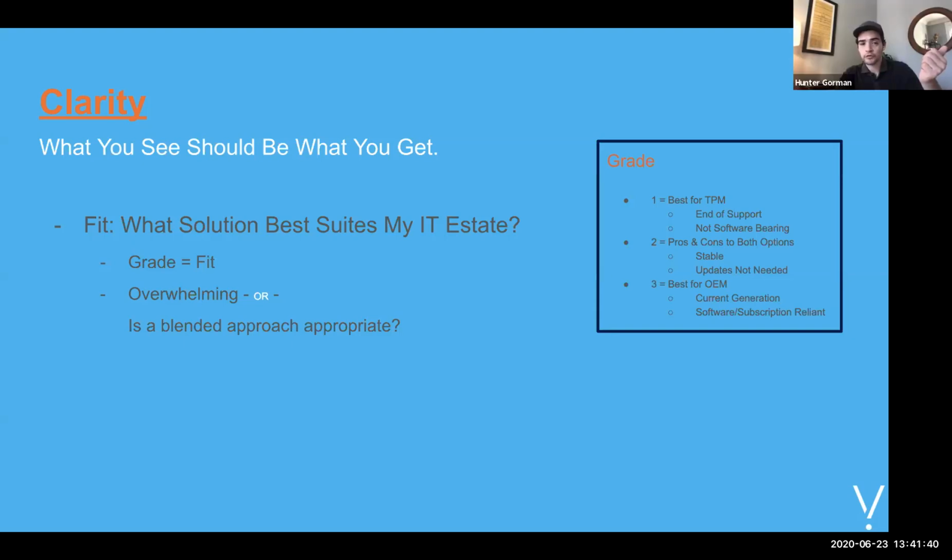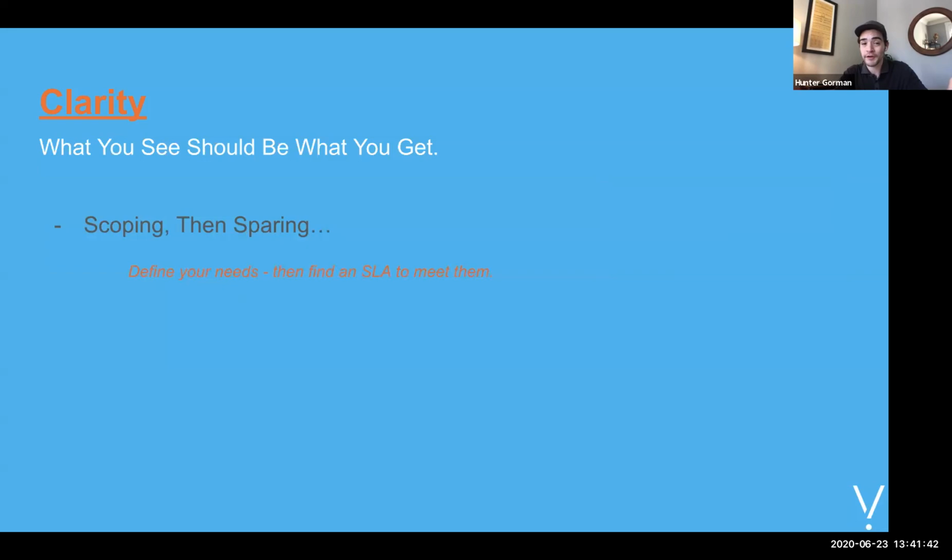Totally. You started to allude to it, but the next point under this clarity is scoping and bin sparing. And we started to hit on this under coverage. But it's really, really important, and obviously I learned everything I know from you, so I think you would agree that it's really important to first define your need, right? Figure out exactly what you need, where you need it, and then go shopping for an SLA or work with a company like OneCall or another maintainer to create one.